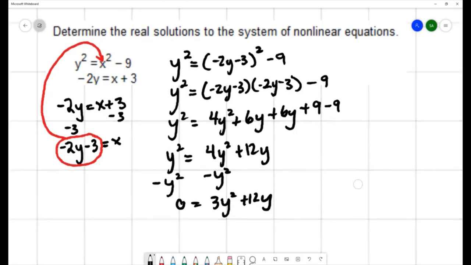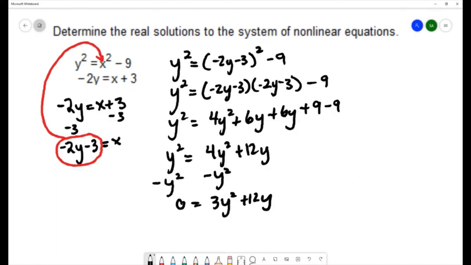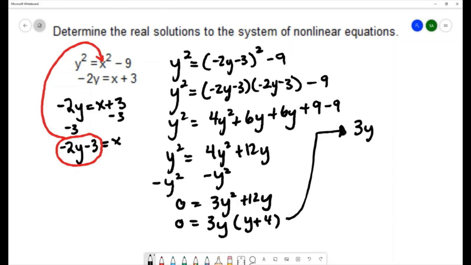I can solve it by factoring. I'll factor the greatest common factor of 3y, and then I'll be left with y plus 4. I can set each factor equal to 0 using the zero product property. And that gives me y equals 0 and y equals negative 4.